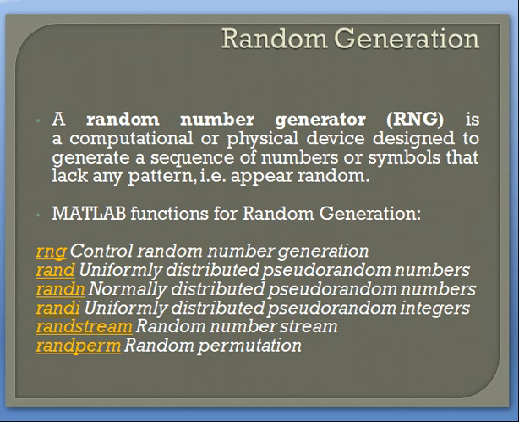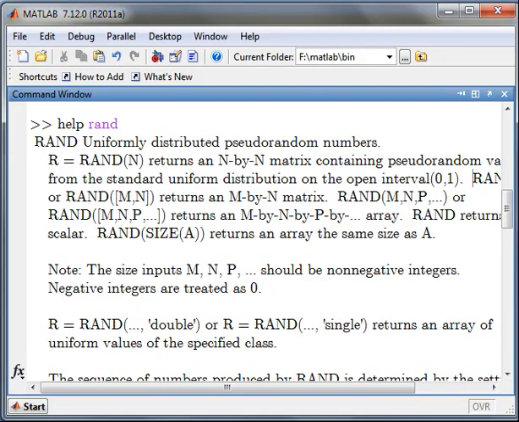You can also get all this command information using the MATLAB help command. Suppose you want more information about the rand command, then you just have to type help rand in the command window of MATLAB and you will get the maximum information about it.